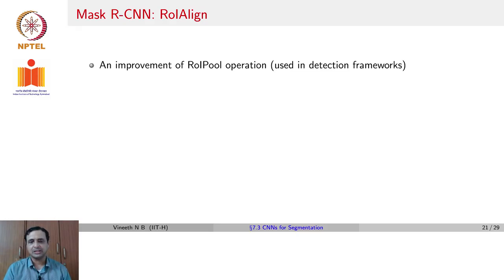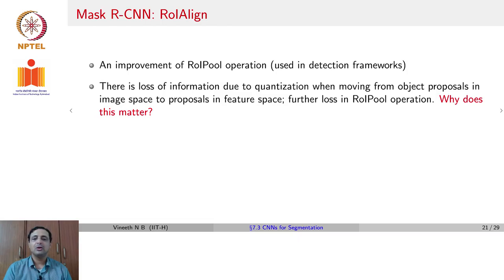And since Mask RCNN operates in the framework of Faster RCNN, the main limitation of Faster RCNN that this module addresses is that when you map object proposals to feature space, recall that both in Fast RCNN and Faster RCNN, you had certain object proposals and you mapped them to a certain feature space. And feature space could be of a different resolution than the resolution in which you obtained your object proposals.